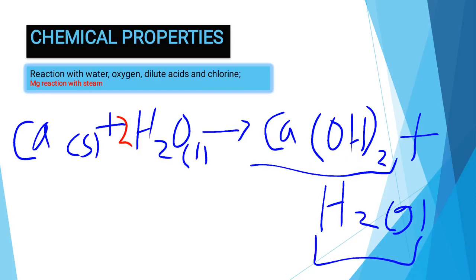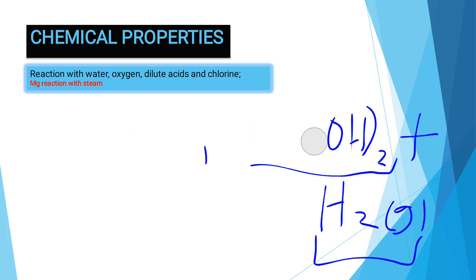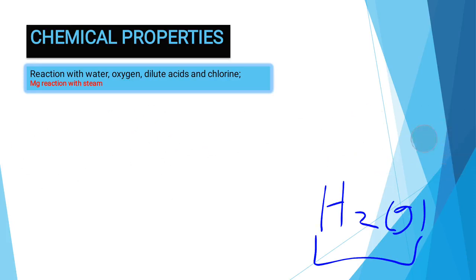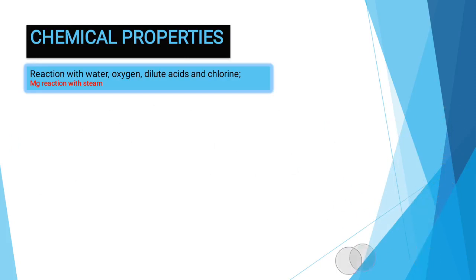Next, we look at the reaction of alkaline earth metals with oxygen gas, and we begin with magnesium.